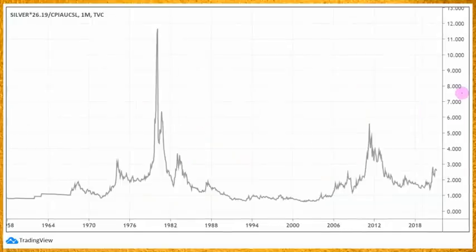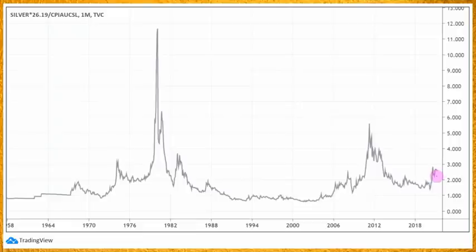But the interesting one was silver, actually, because with silver, it's coming out as the peak in the 1980s was almost $12 here, and currently it's not even $3, it's about $2.60, I think. Basically what this shows is that silver is cheap as chips.